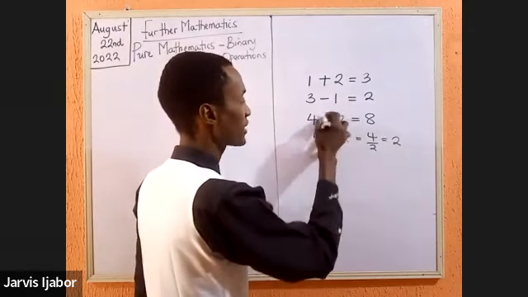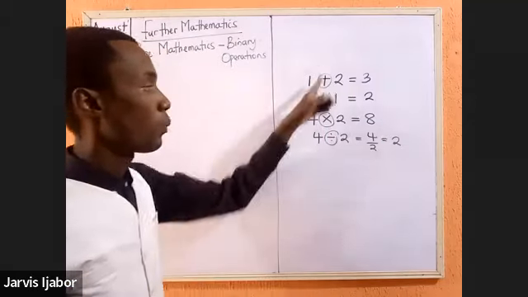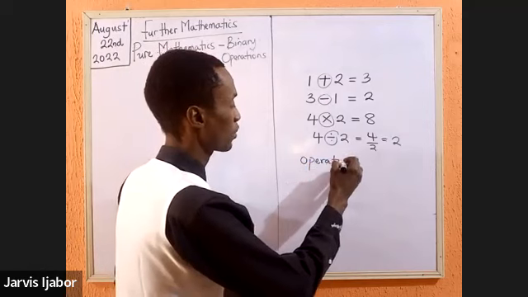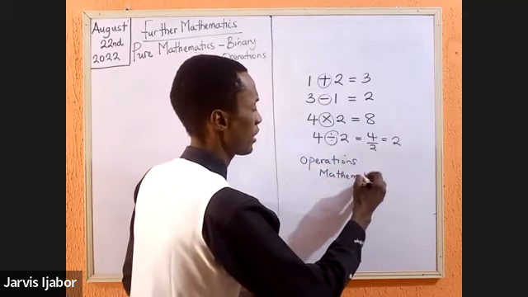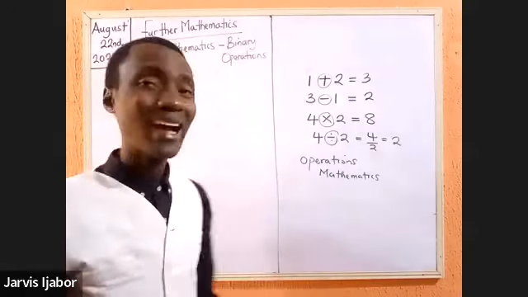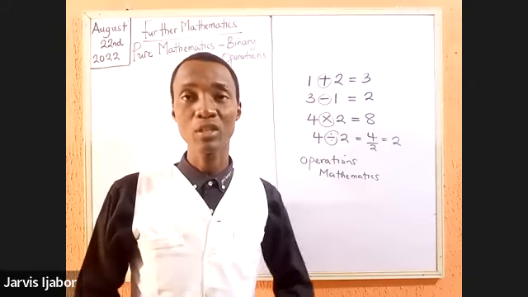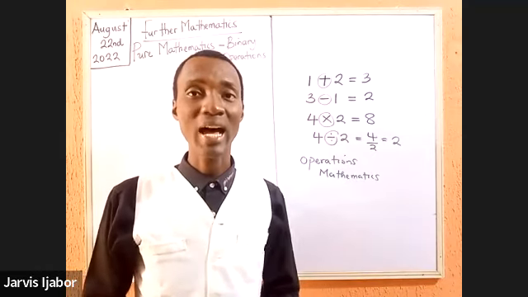All of these itemized here are essentially called operators. They are called operators, and in mathematics, we call them mathematical operators. To be very fundamental, we can call them arithmetic operators, because what they help you to do is to carry out basic arithmetic operations like addition, subtraction, multiplication, and division.